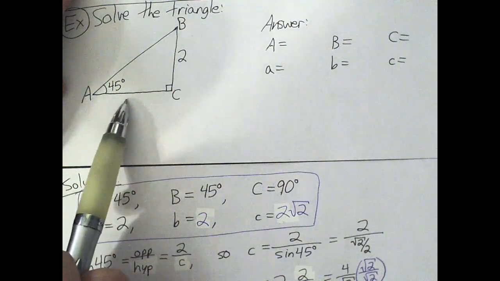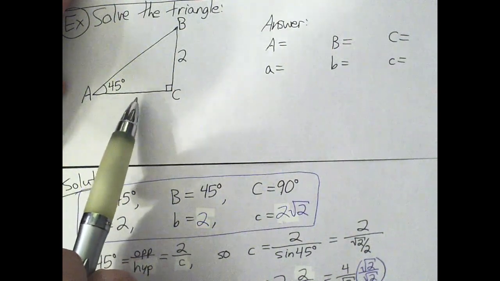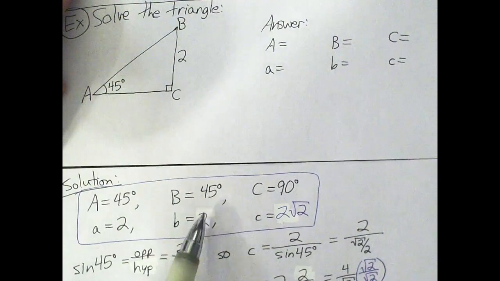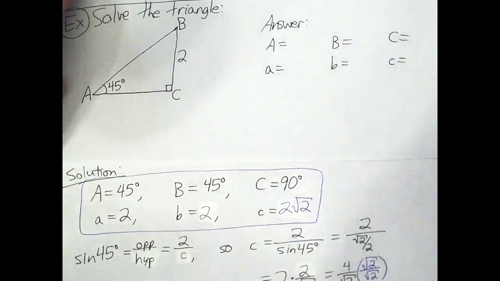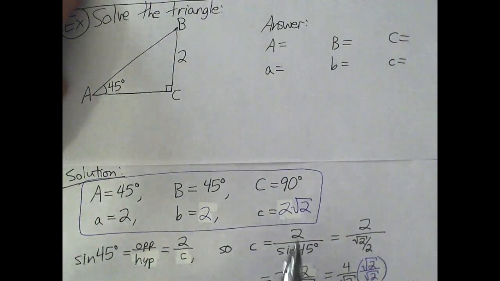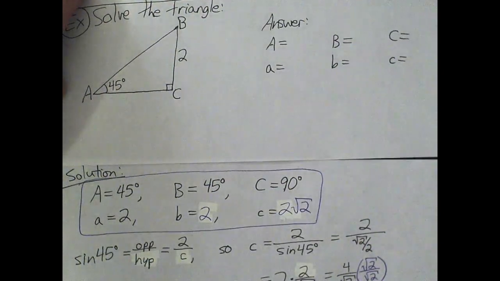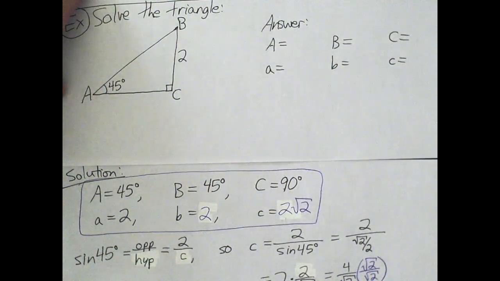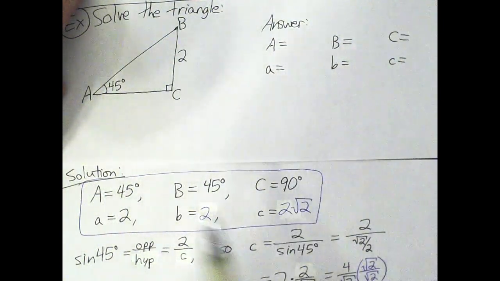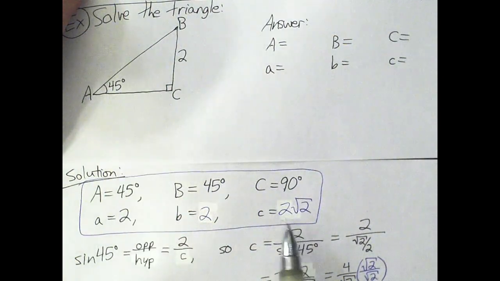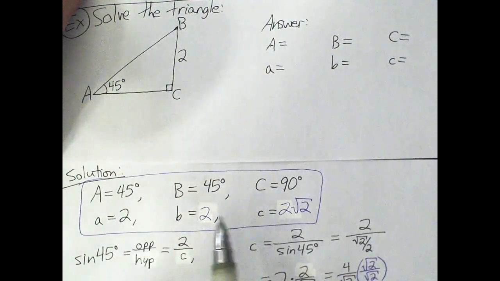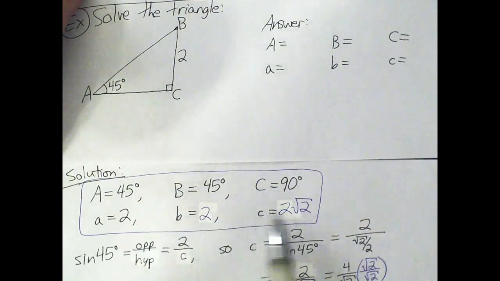If I got something here that was like 10, then I would say that must be wrong, but 2 seems reasonable. And then 2 times the square root of 2. You don't have to know exactly what the square root of 2 is, but it's around 1.4. So 2 times 1.4 is going to give me a larger side length. And it's basically saying that this side length is the longest of the 3.